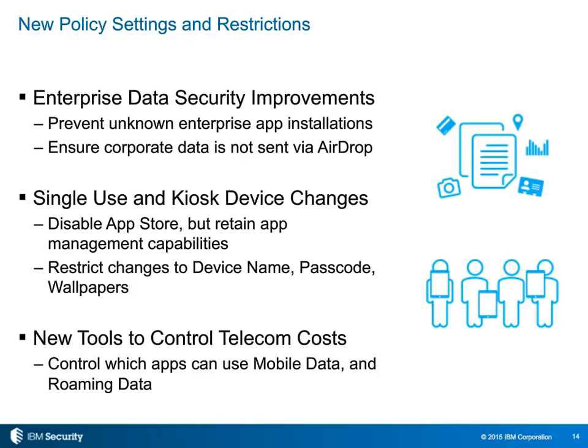And so because of that, you want to make sure there's a predefined and controlled way that they can interact with these devices. And so there's been some really nice improvements here to iOS 9 to support this. And the first one is the option to disable the App Store on the device and hide the icon, but still retain the management features to be able to push new applications down to that device.